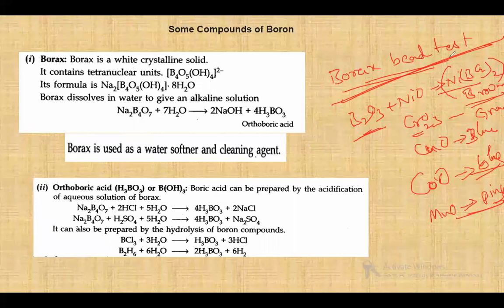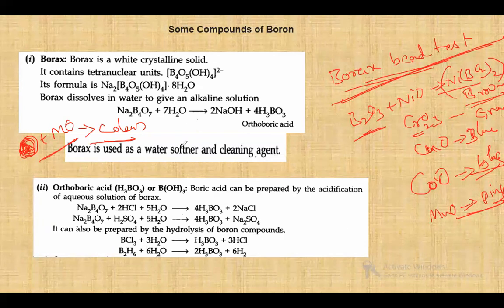The mixture of sodium metaborate, NaBO2, plus B2O3, boric anhydride, together is known as the borax bead, transparent beads. This is treated with the respective metallic oxide, which gives a characteristic color. From that we can identify the respective element.